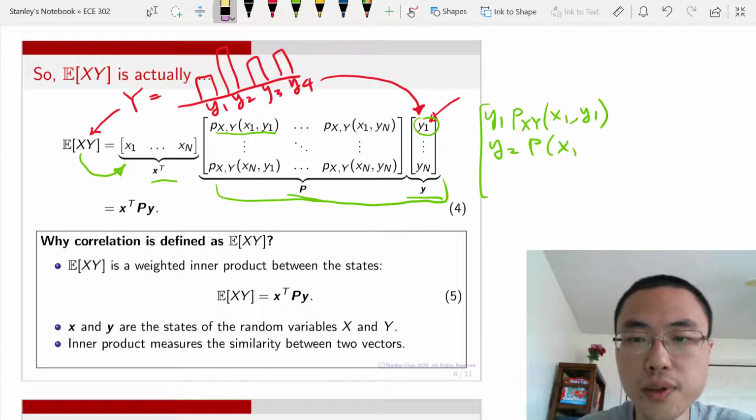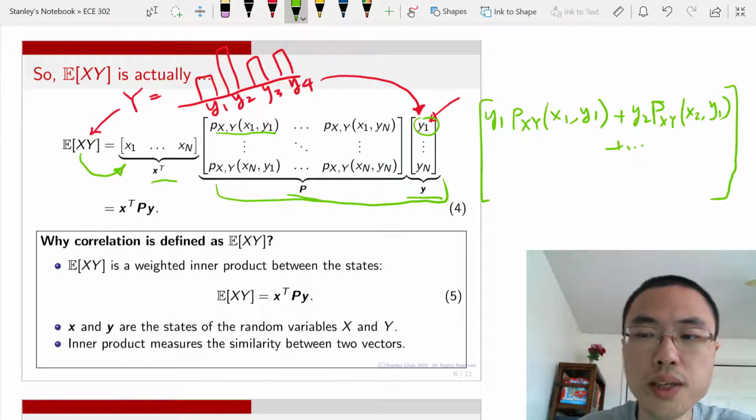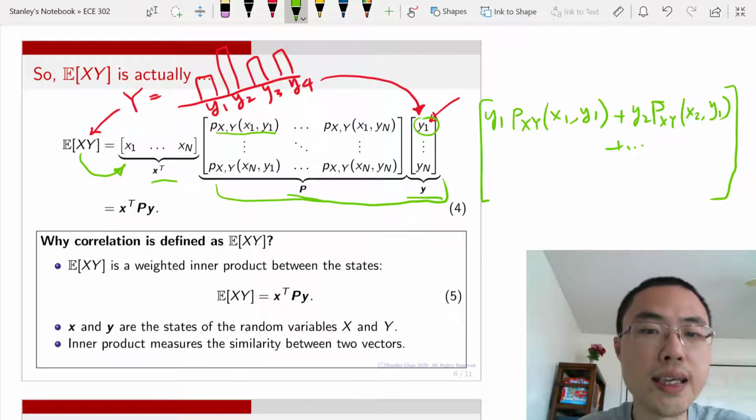Oh, I'm missing something here. So the first entry would be this times this plus y2, and then you have P of x2, y1, and so on. That would be a very, very long sum, but anyway, it will sum up to a number.